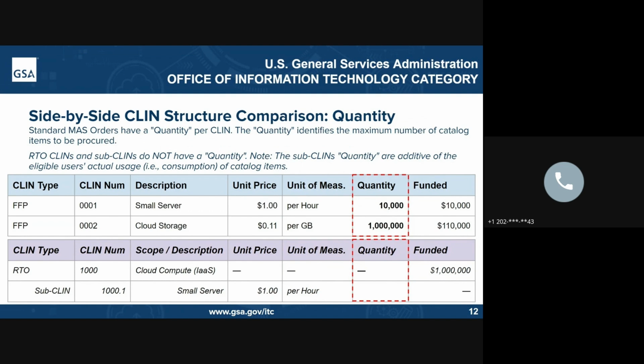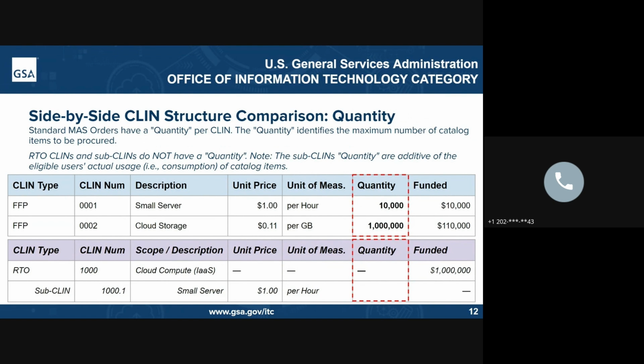At the sub-CLIN level, you'll also note that the quantity field has been left empty. This is to indicate, again, that no quantity threshold, minimum, max, or guarantee has been established.